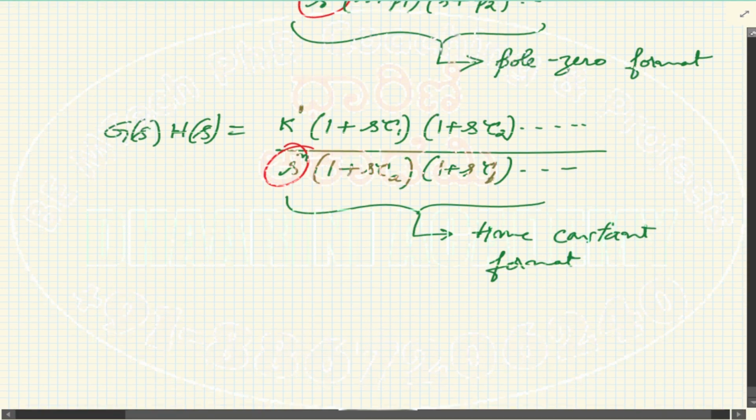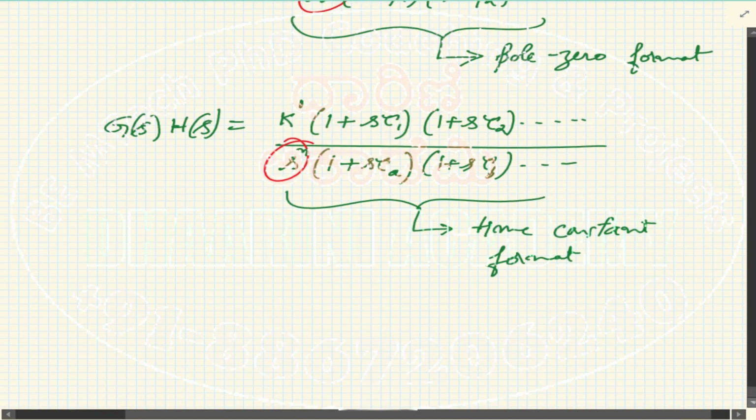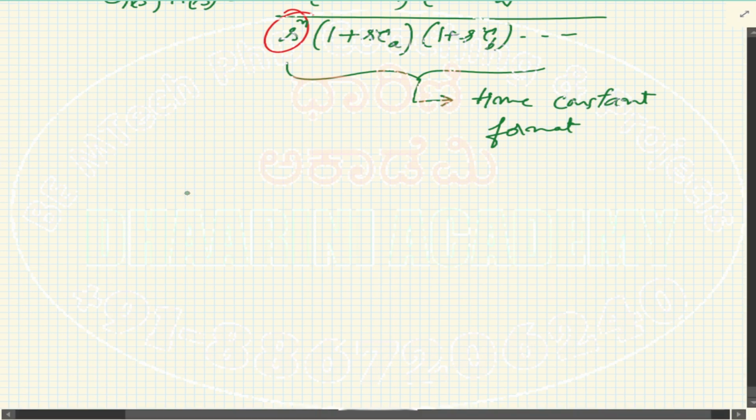The first format is s to the n into s plus p1 into s plus p2. It should be factorized. Only when you factorize in any of these formats, whatever the n you can see over there is called the type of the system, right?